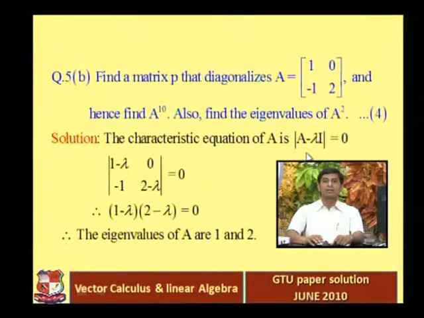We want to find the determinant of A minus lambda I, which is called the characteristic equation. The characteristic equation of A is determinant of A minus lambda I equal to 0.